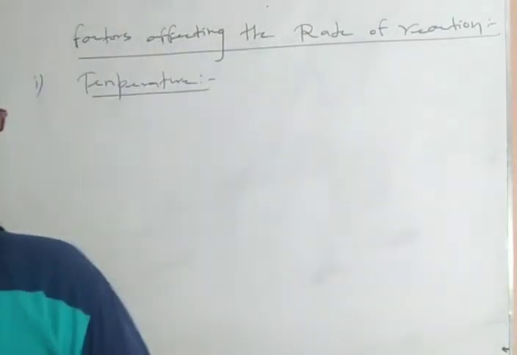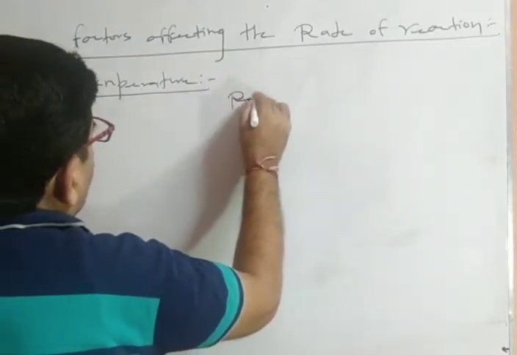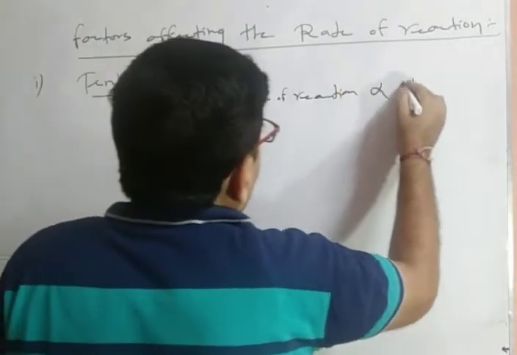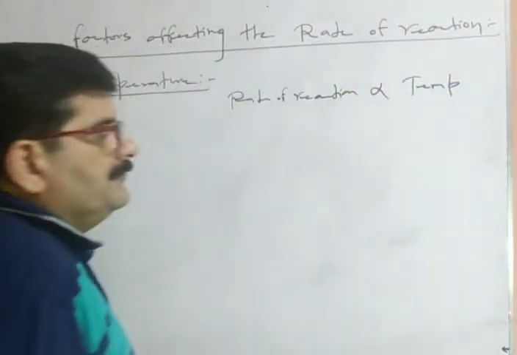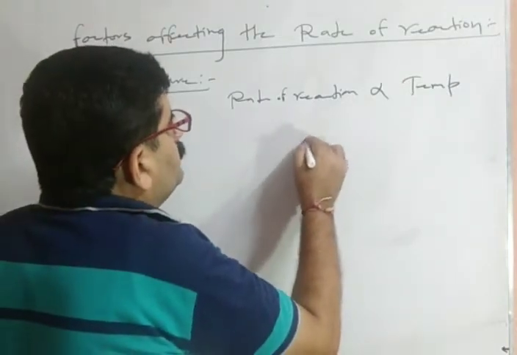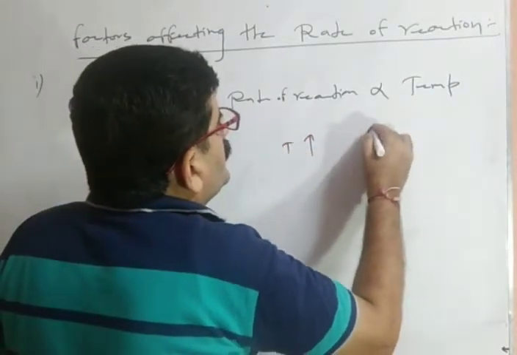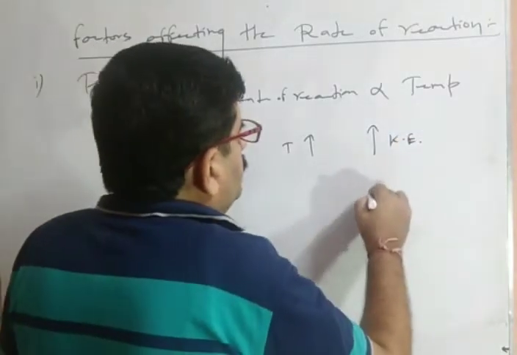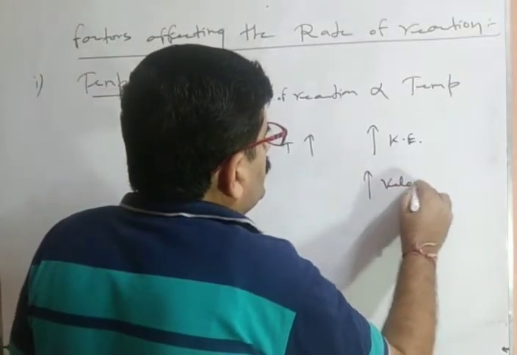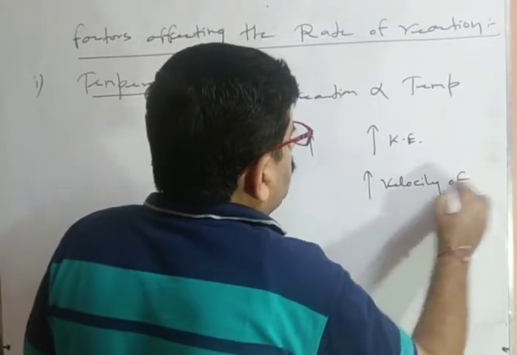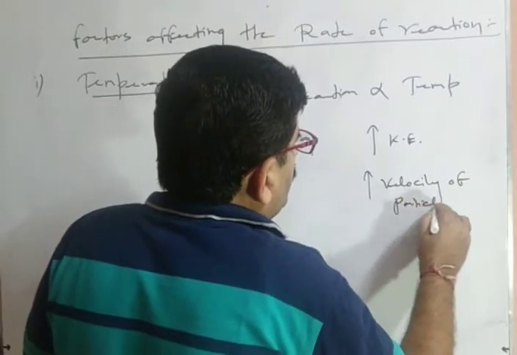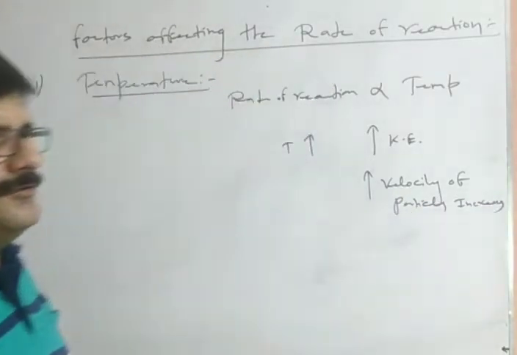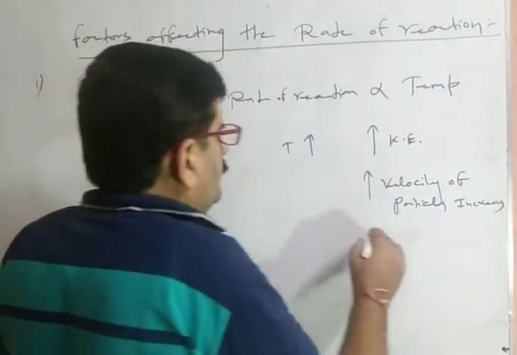So we can say rate of reaction is directly proportional to temperature. When temperature increases, kinetic energy increases. Kinetic energy increases, it means velocity of particles increases. Velocity increases, it means number of collision increases.